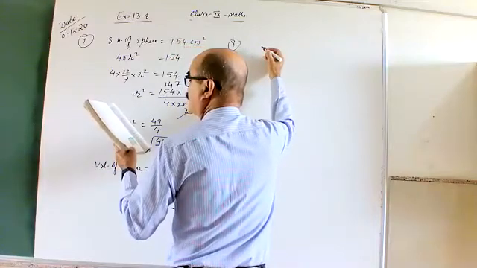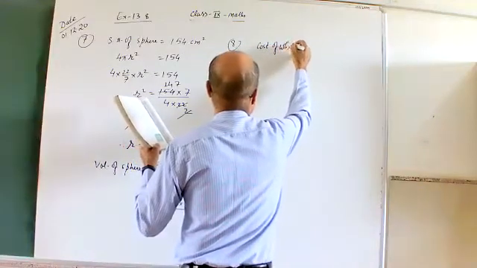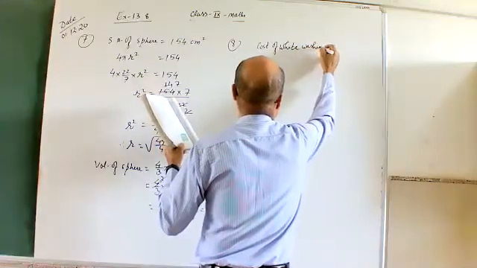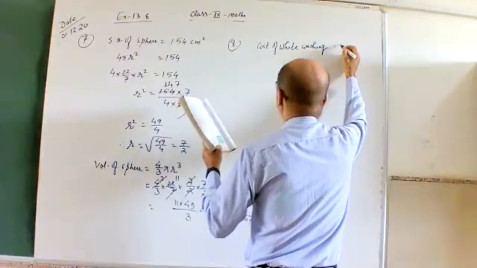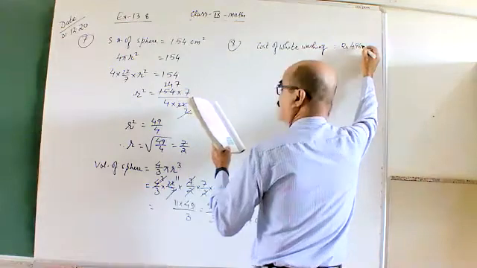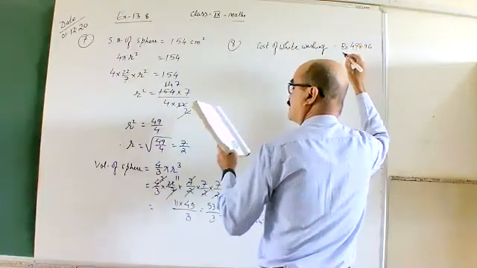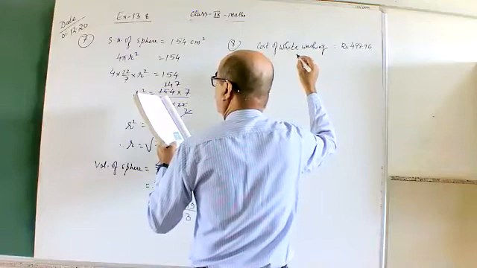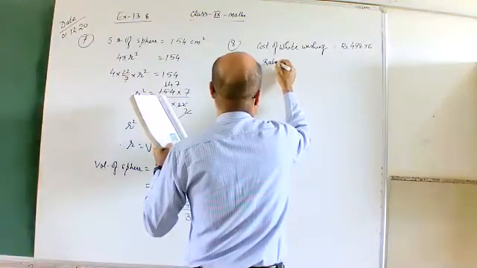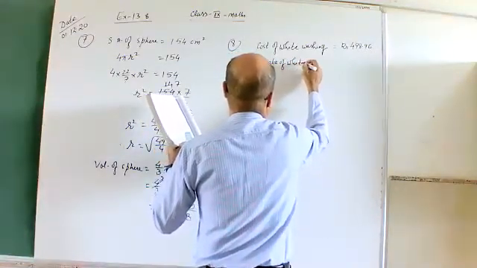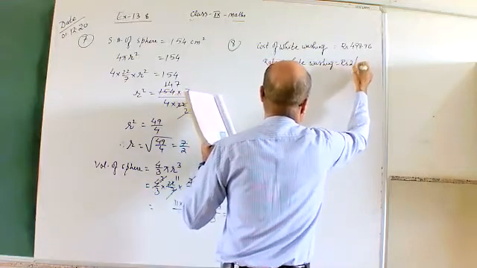It is given that the total cost of whitewashing is rupees 498.96 and the rate of whitewashing is rupees 2 per meter square.